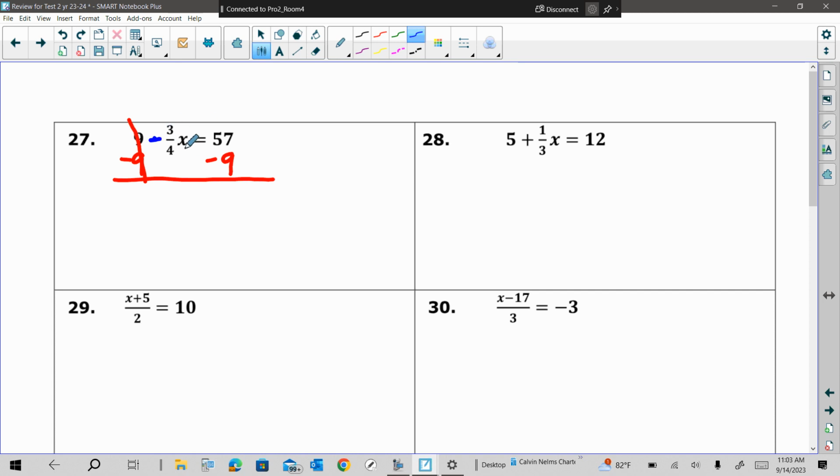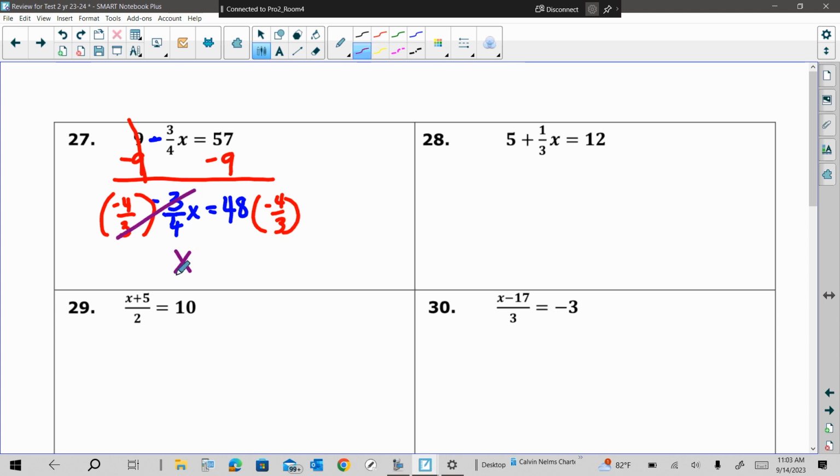The sign goes with the term. -3/4 x equals, and this 48. All right, this is similar to the last one. Exactly, we have a fraction, so we need to do the reciprocal. -4/3, and -4/3 on both sides.